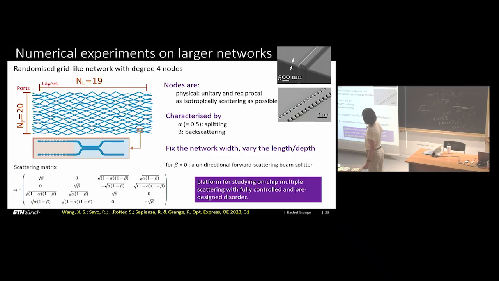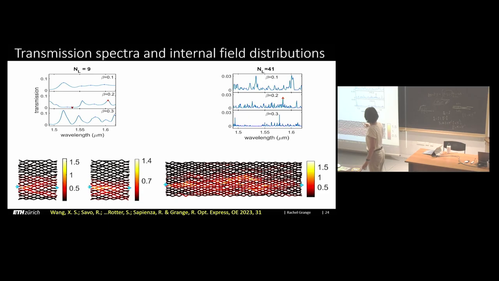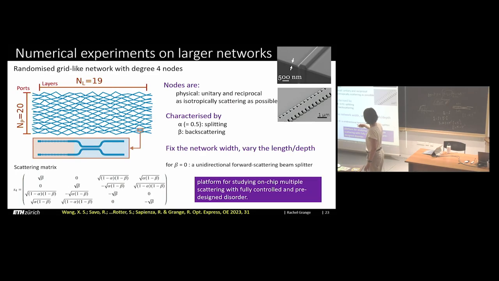You want to have not only forward scattering but also backward scattering. So when you do this kind of network, you need evanescent coupling here so that the light can continue to propagate. And you also need a part where you can have backscattering. This was the most difficult thing to mimic.